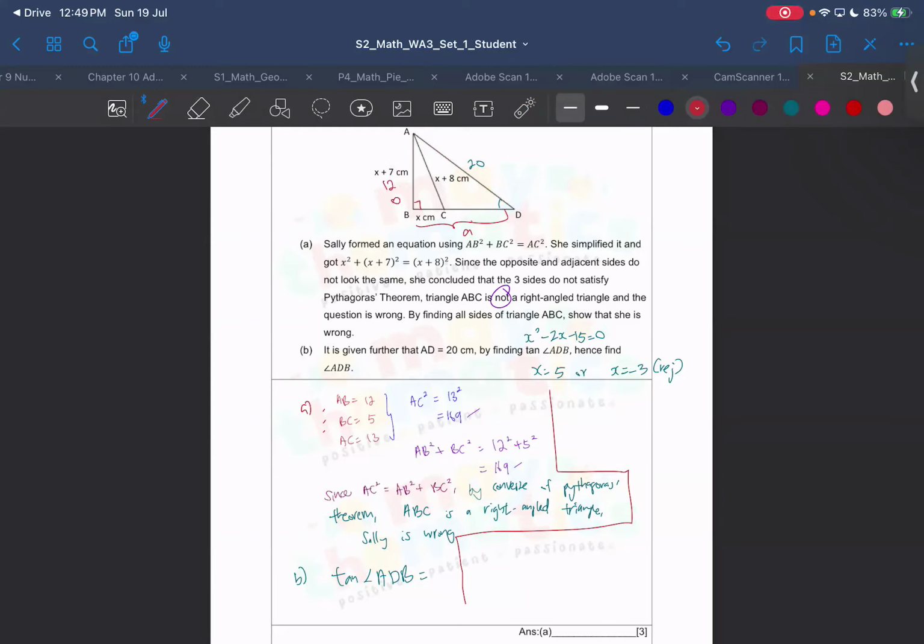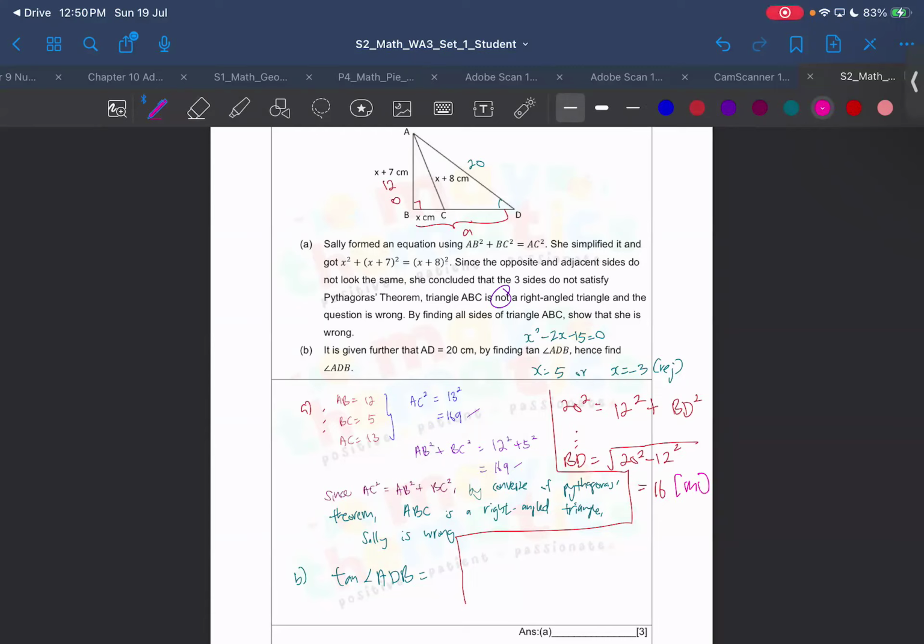So I need to use your Pythagoras. 20 square equals 12 square plus BD square. So BD will be square root 20 square minus 12 square, which you will get 16. So your 1 mark is finding BD.